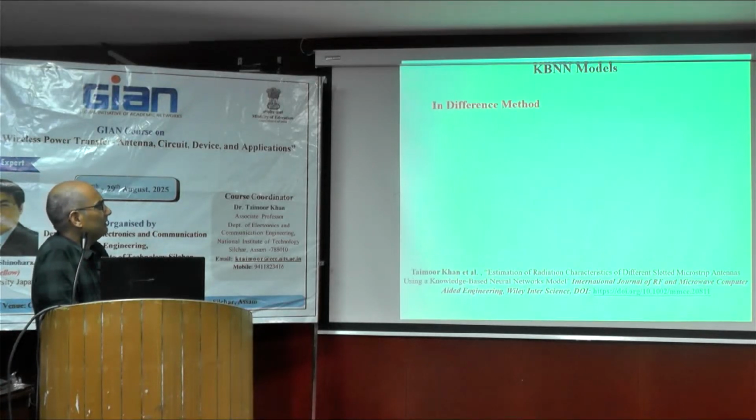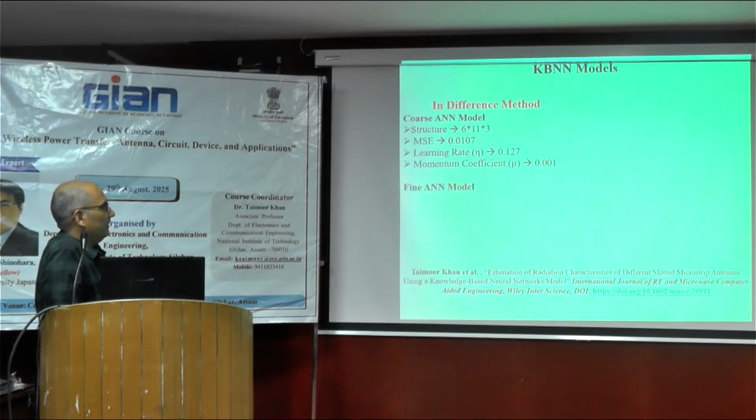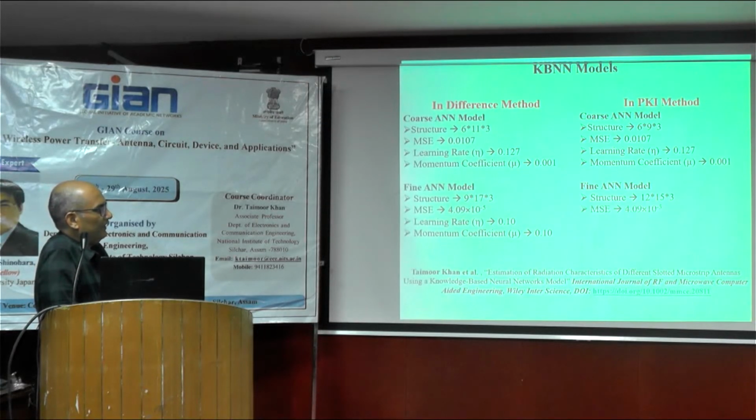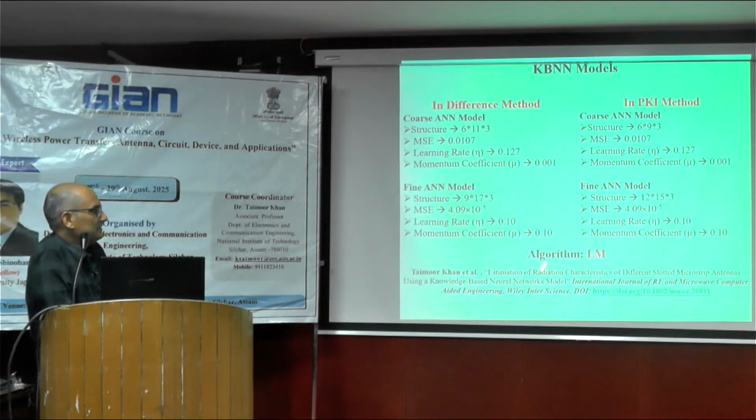Then coming to the performance: in the difference method, the structure is optimized in this way, and for the fine model the structure is this way. Then in PKI, prior knowledge input, the same pattern is followed. Now the algorithm for these two different cases is used.